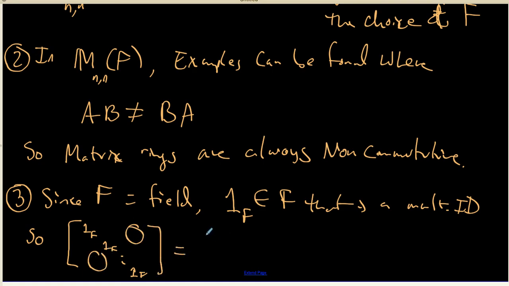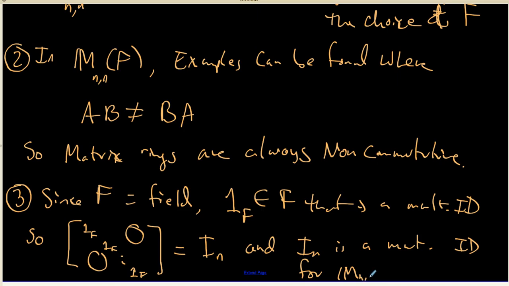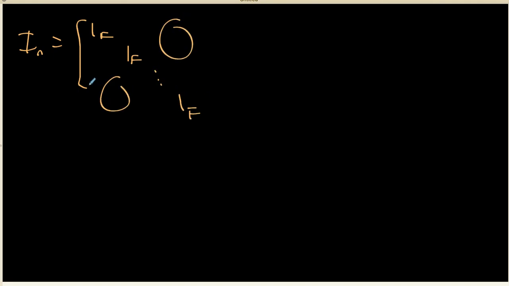This matrix is traditionally called the n by n identity matrix, and it is a multiplicative identity for our ring of matrices. Let's look at that particular fact quickly. This matrix looks like 1, 1, all the way down to a 1, and zeros everywhere else. And these zeros, of course, also still belong to the field.